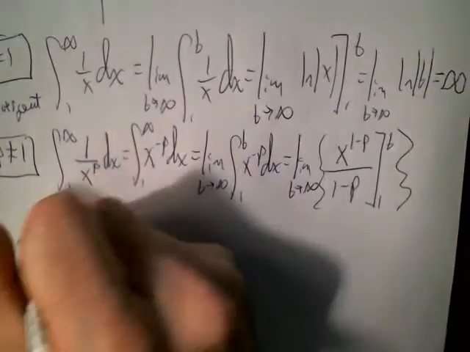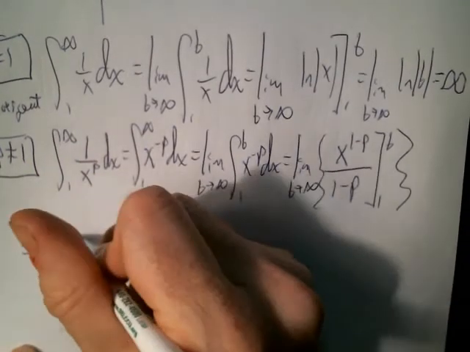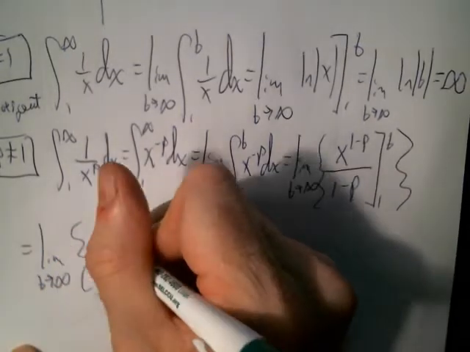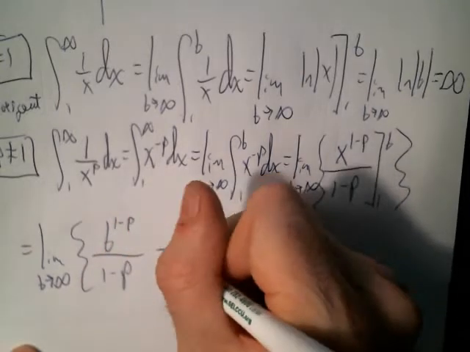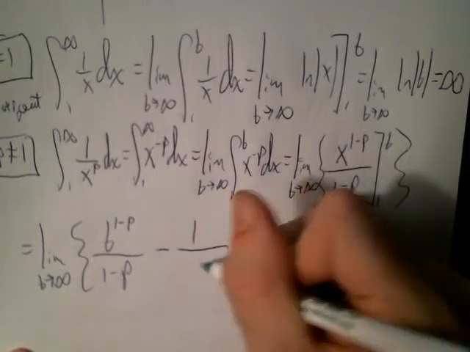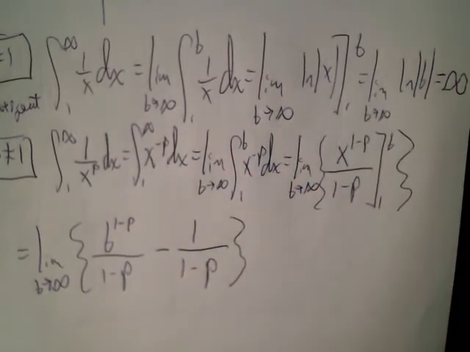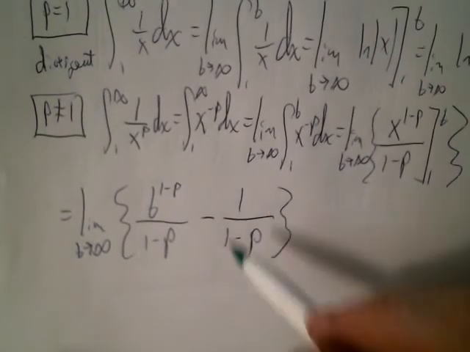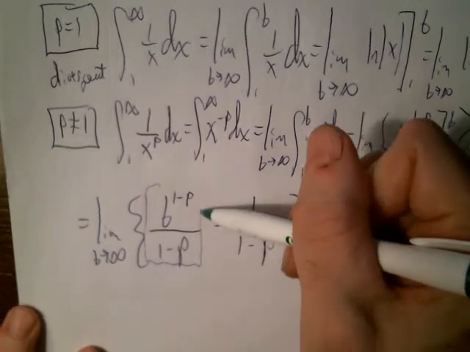Plug your bounds into that limit: the limit as b goes to infinity of b to the 1 minus p, all over 1 minus p, minus 1 to the 1 minus p. 1 to any power is 1, so I just put 1 all over 1 minus p. So when p is not equal to 1, whether it's convergent or divergent depends on this term right here.